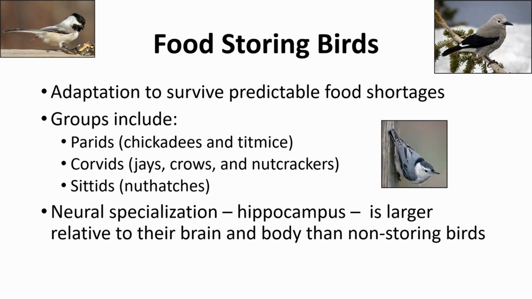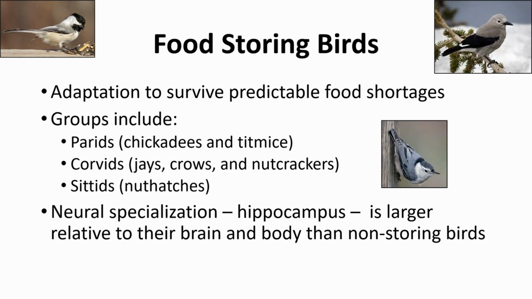Now, not all species within these groups display caching behavior, and those who do tend to have some special adaptations, some traits that have evolved in relation to their ability to store food.